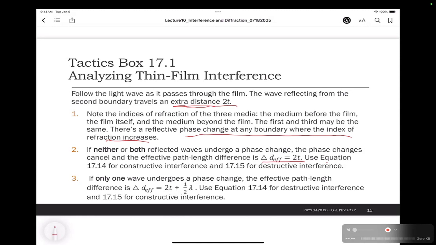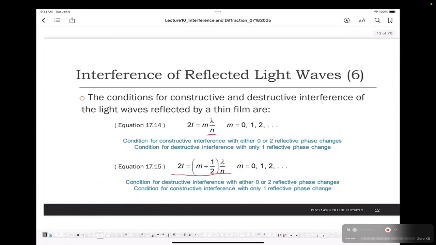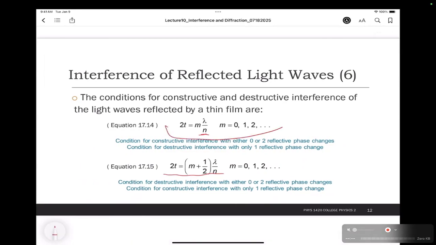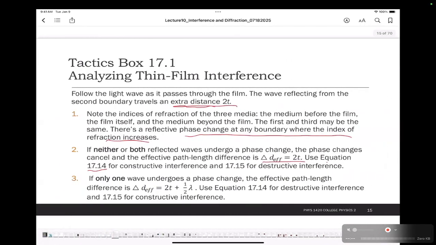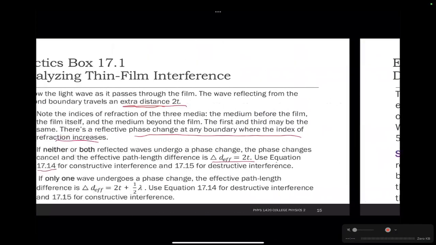Use the equation for constructive interference, and the other one for destructive interference. If only one, oh, sorry.